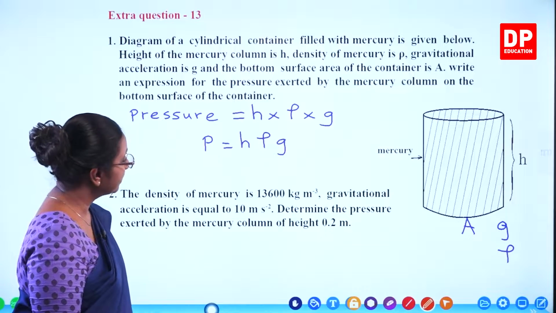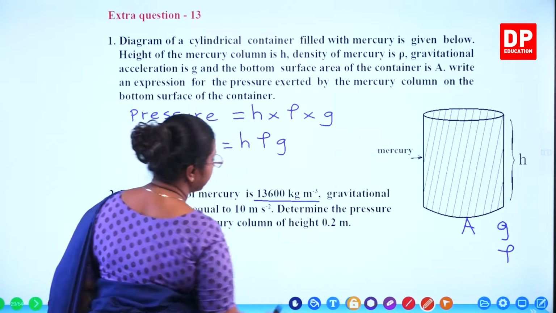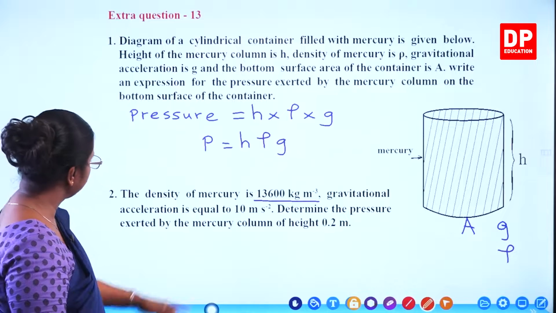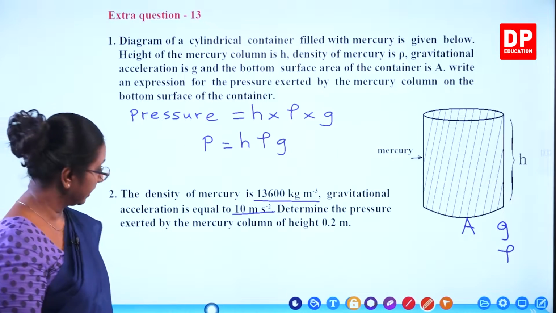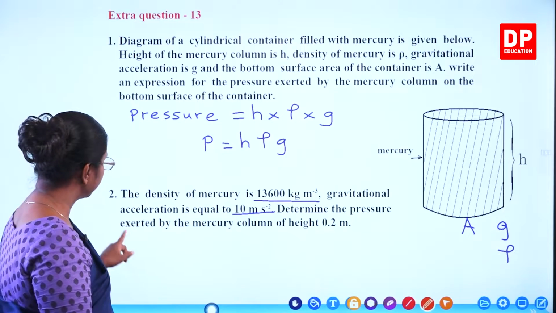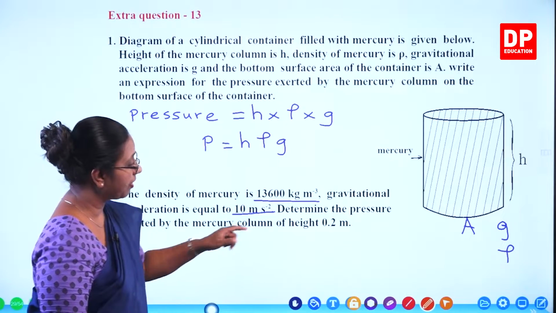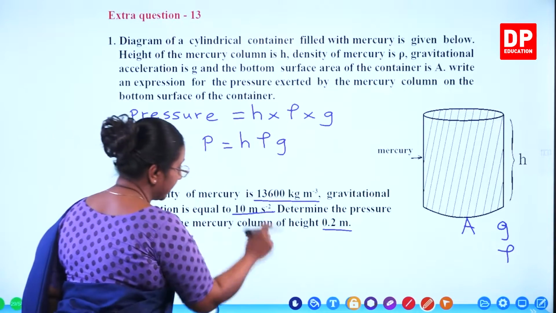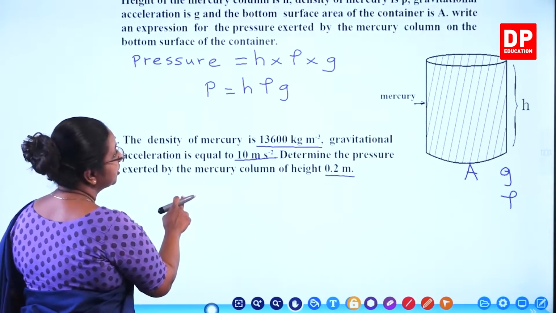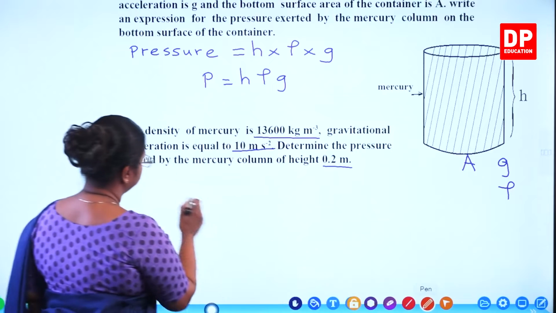The second one. The density of mercury is 13,600 kg per meter cube, and gravitational acceleration is equal to 10 meters per second square. Determine the pressure exerted by the mercury column of height 0.2 meters. So, using this equation, we can calculate the pressure.